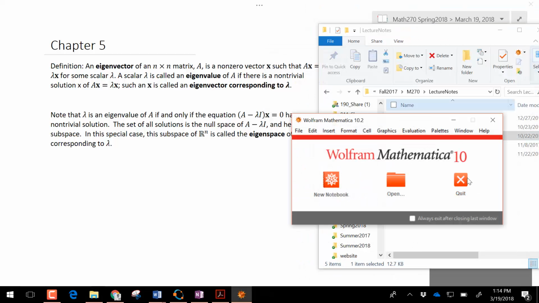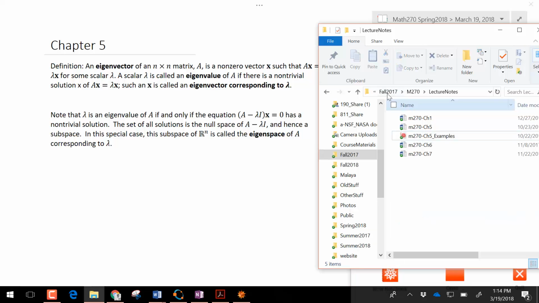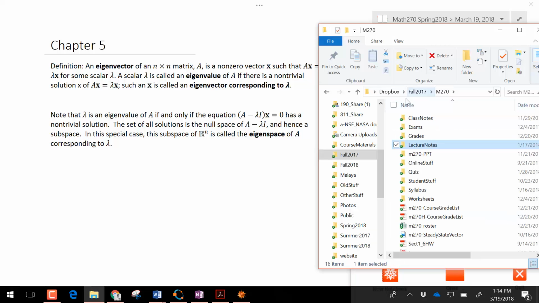I have one that has pictures. Class notes, class examples. No, maybe it's in an older one.